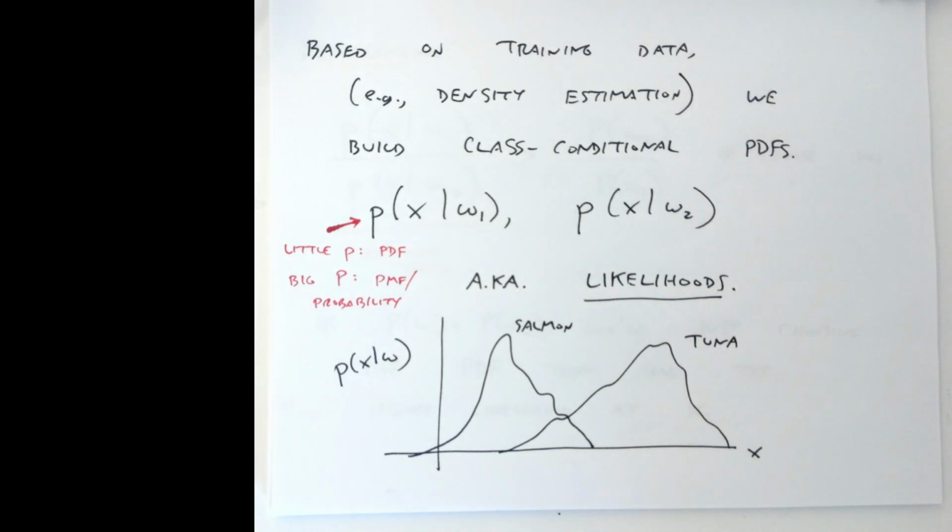But if I have unequal priors, then I'm going to weight that decision by how much bigger it has to be to let me choose that curve, okay?